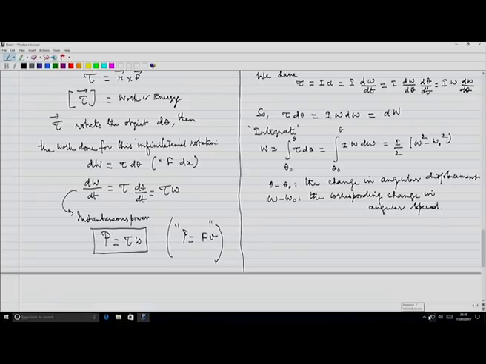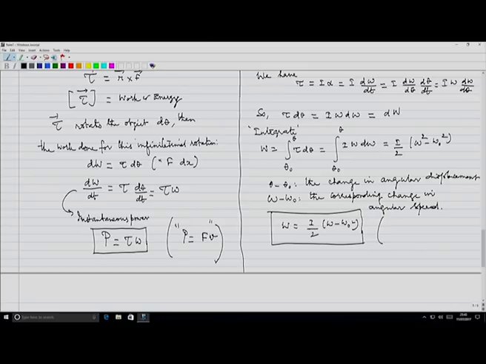So this is the work energy theorem. It is something like the change in kinetic energy. You can compare this with particle kinematics, a particle having linear motion.